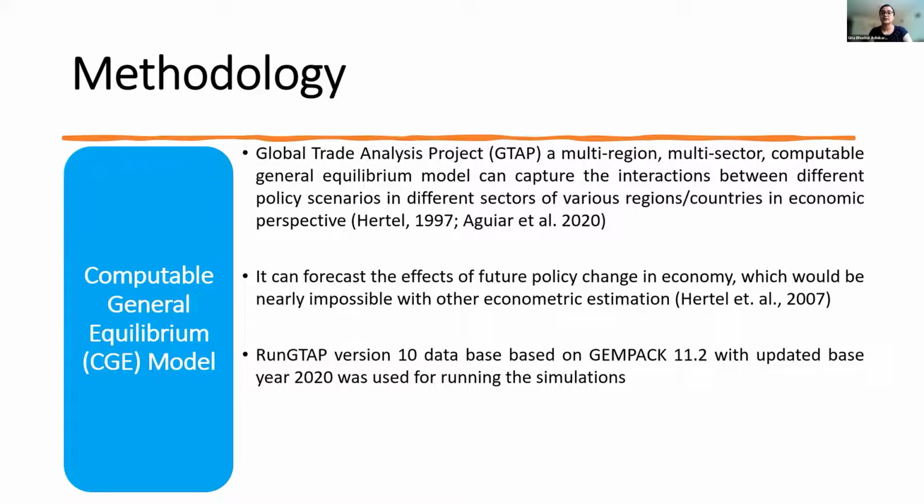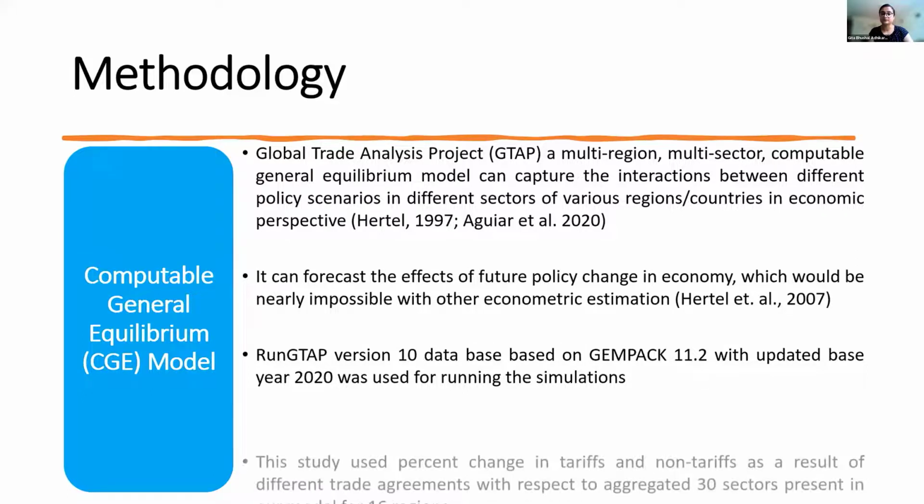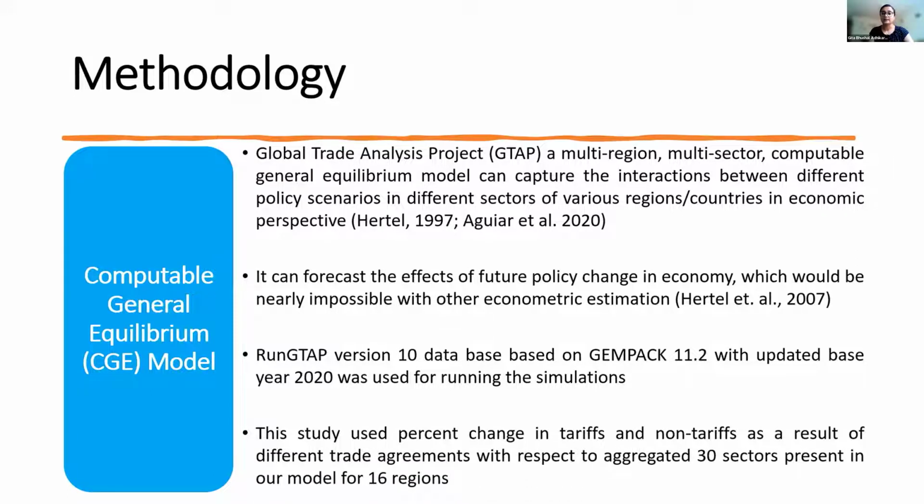For this study, I use the GTAP version 10 database based on GEMPACK 11.2 with an updated base year of 2020, as the baseline year was 2014 in the model. And this study has used percentages in tariffs and non-tariffs as a result of differential tariff cut scenarios with respect to the aggregated 30 sectors present in the model.